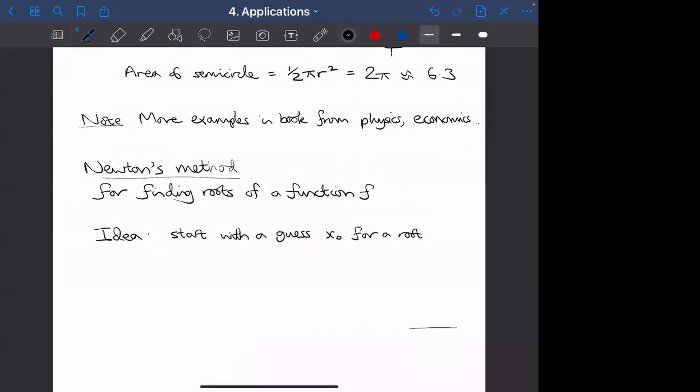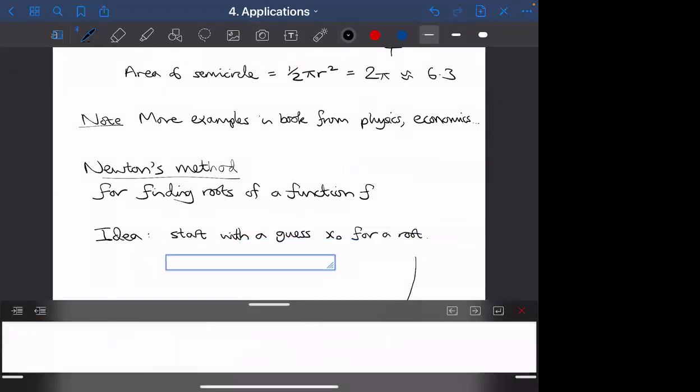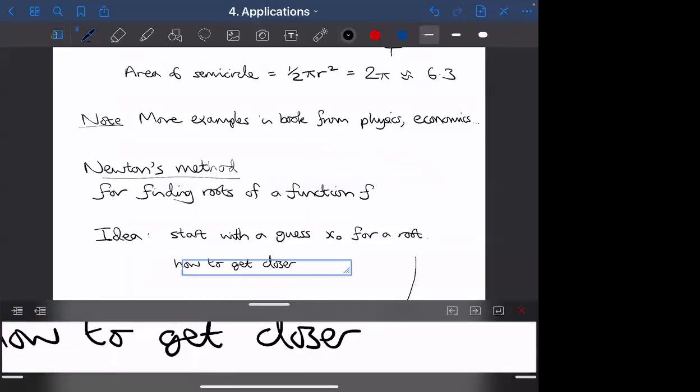Say the graph of the function is something like this, and we have our guess x0. Then how do we get closer to a root?